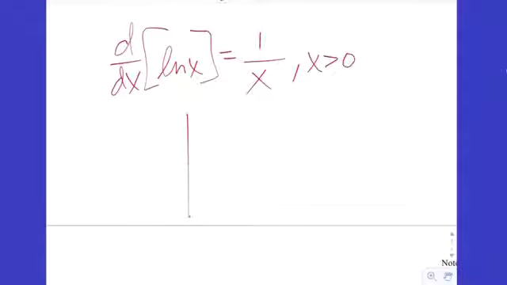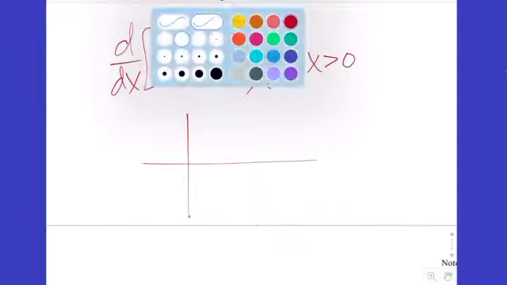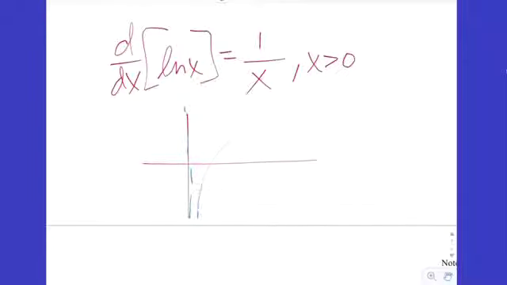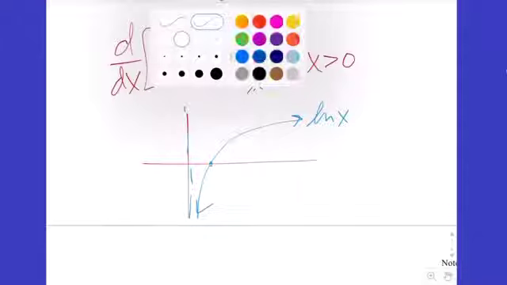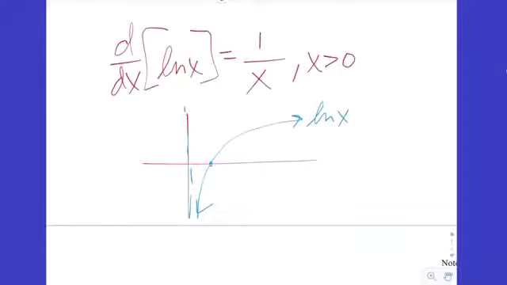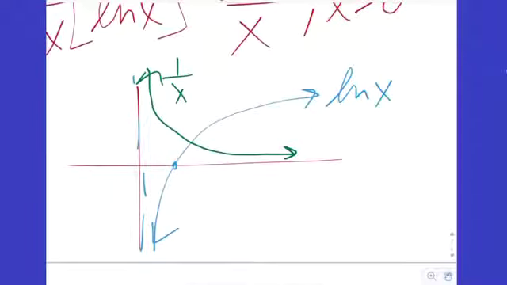Let's look at it graphically. Natural log of x, let's sketch that right here in blue. And we'll go ahead and in green, we'll put the derivative function, which is that one branch of 1 over x. And we're claiming that the green y values represent the slopes of the blue graph. Let's see why.